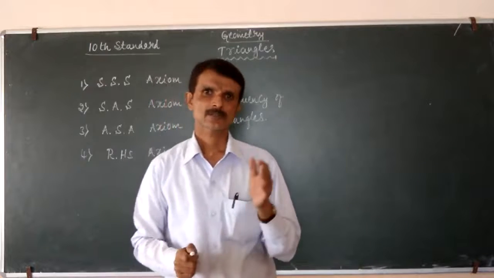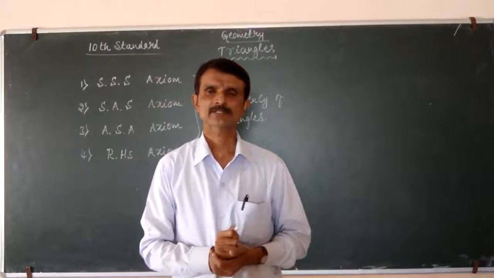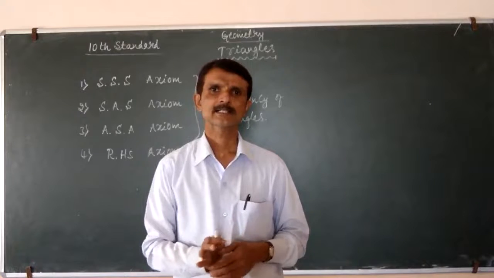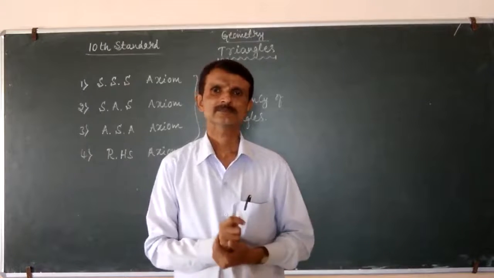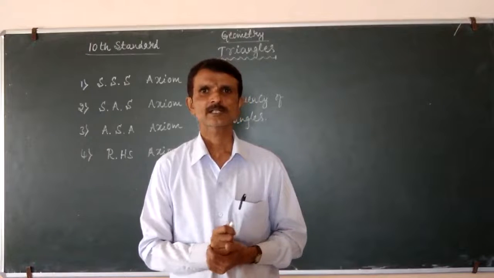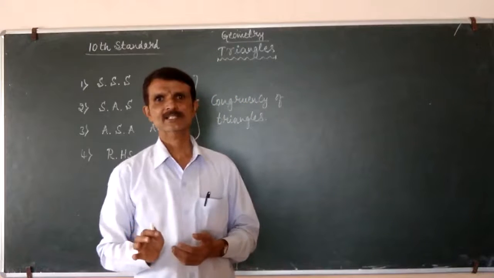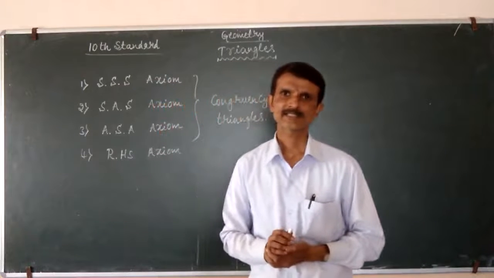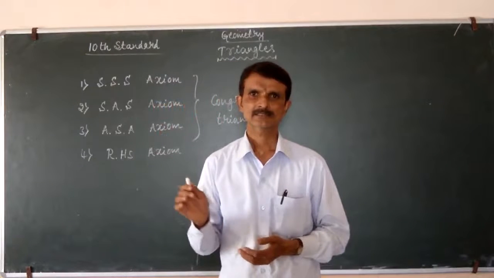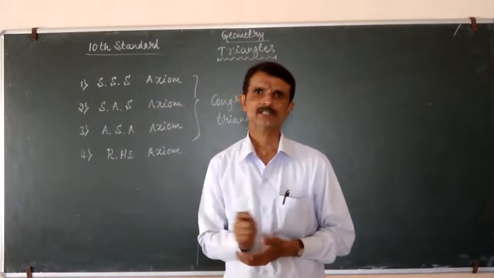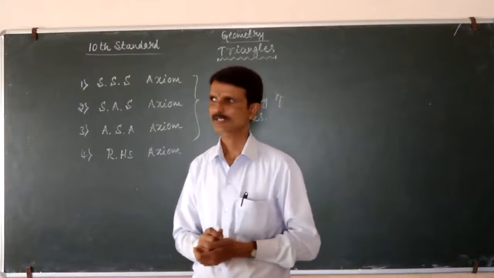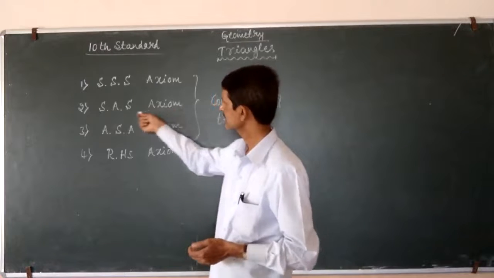If three sides of one triangle are equal to the corresponding three sides of another triangle, then the two triangles are said to be congruent.